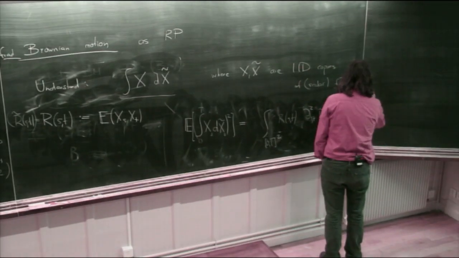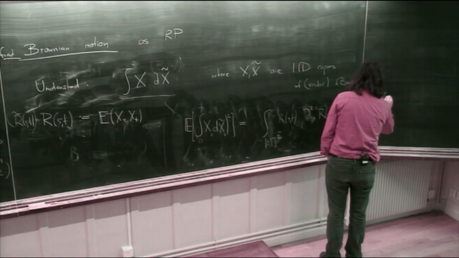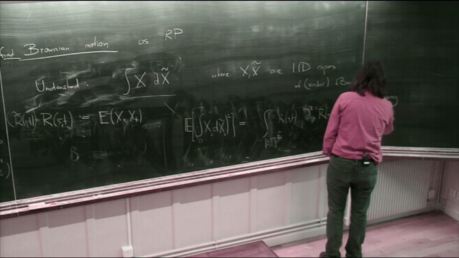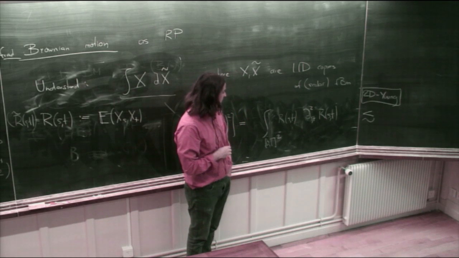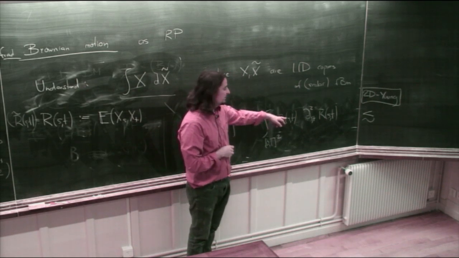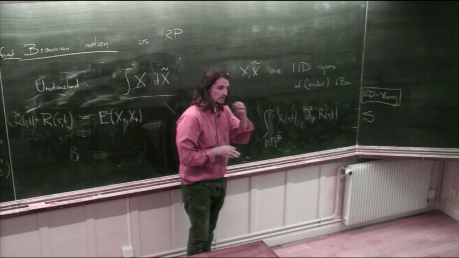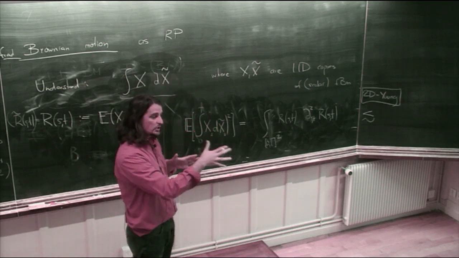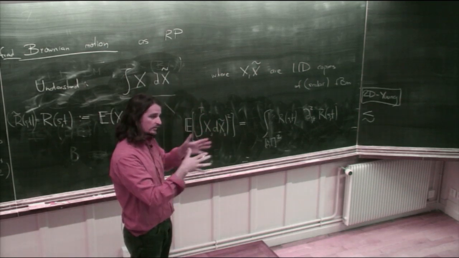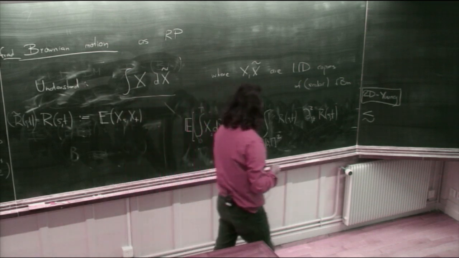So this is a 2D Young estimate. It tells you that you get an estimate that only depends on the rectangular variation property of R. So the usual Young inequality would tell you can estimate it by the PQ variation of integrand versus integrator. And the same is true here.